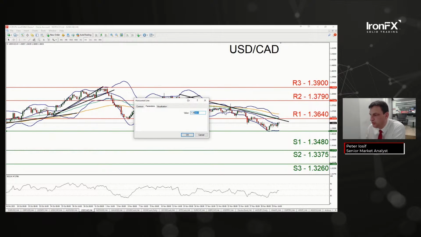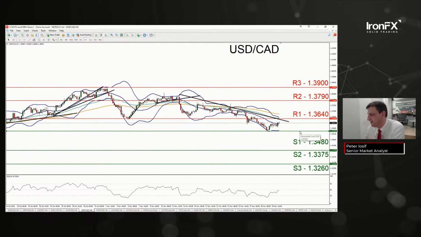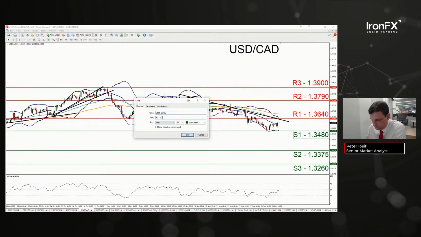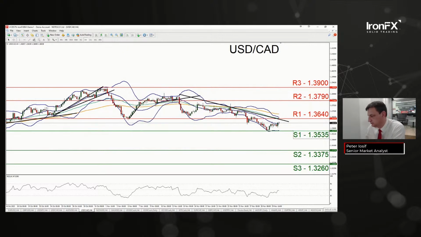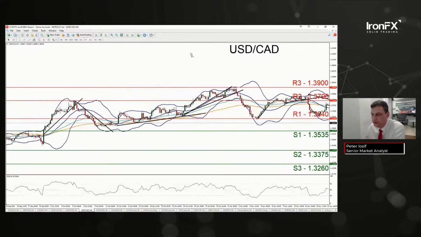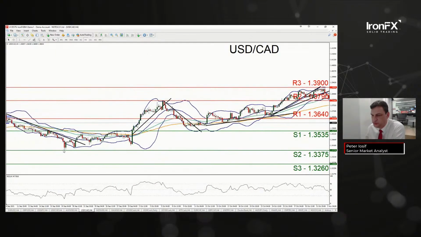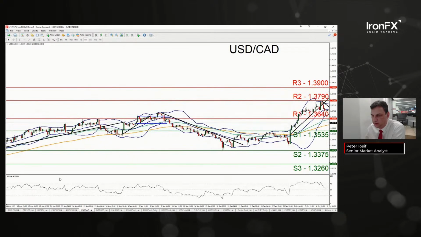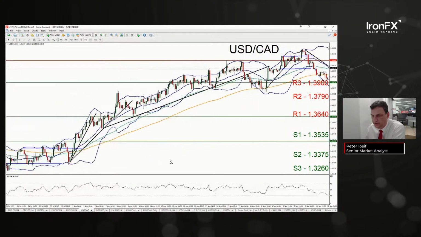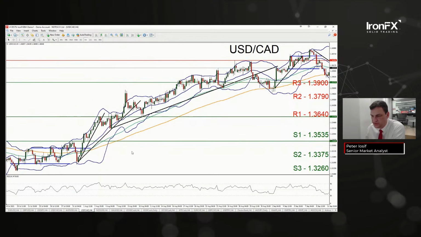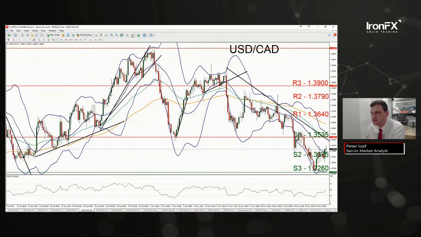And that would be the 1.35. Now at this point, let's have a look also at the S2, which seems to be valid, and the S3, also valid, once, twice. Nice. Okay, we're keeping the rest.